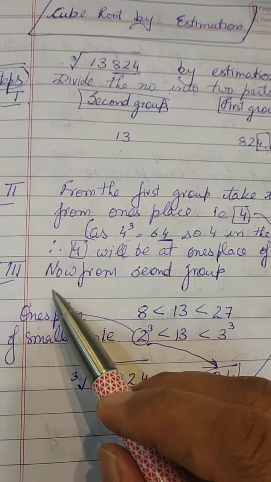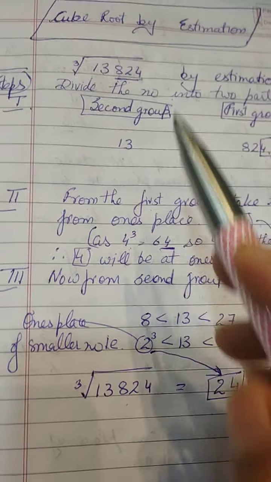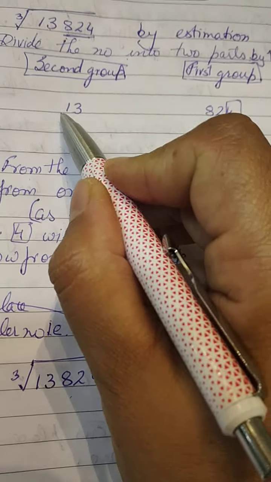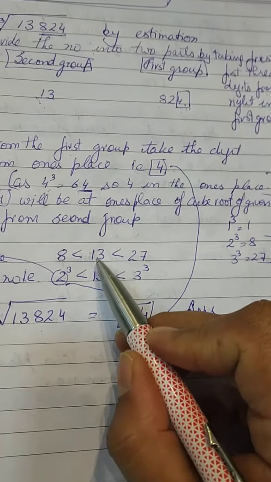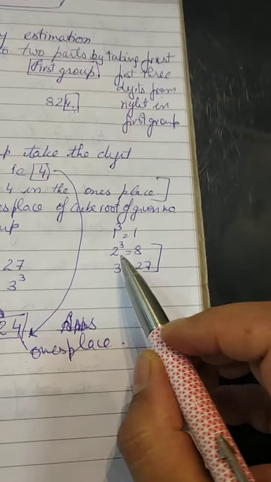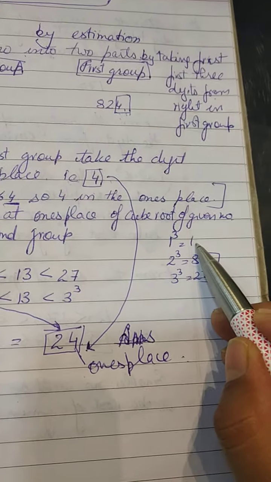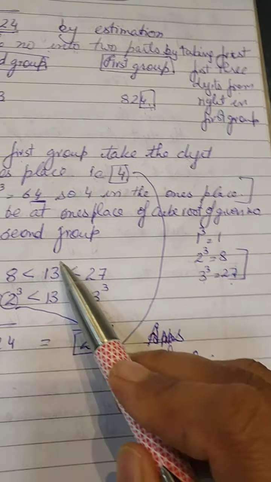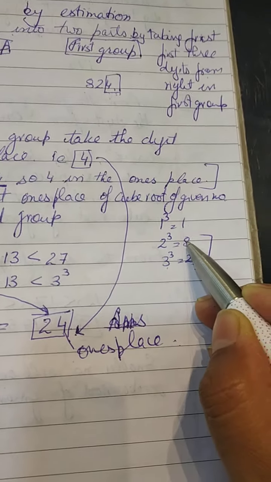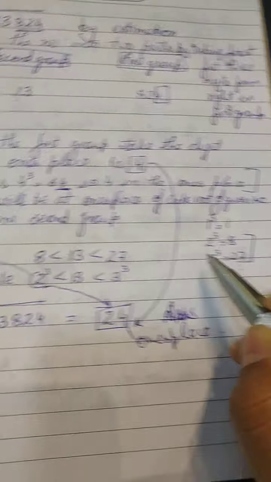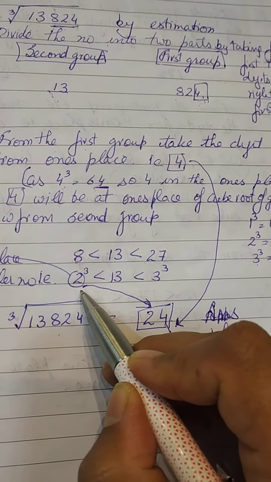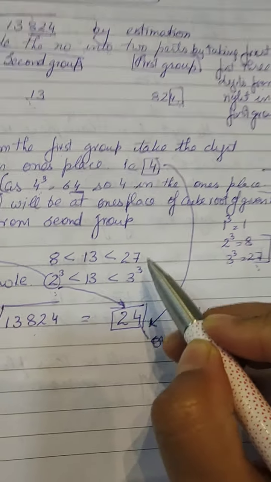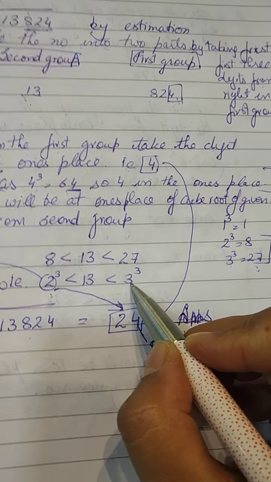In the third step you move to the second group. In the second group the number is 13. Now 13 lies between the cubes: 1 cubed is 1, 2 cubed is 8, 3 cubed is 27. So 13 lies between 8 and 27. 8 is the cube of 2 and 27 is the cube of 3.